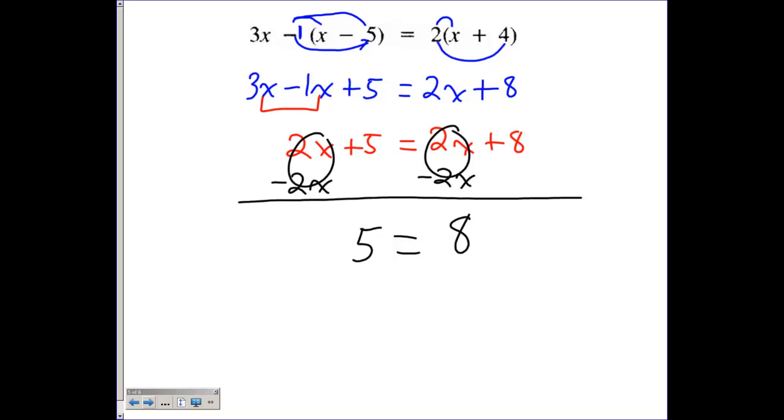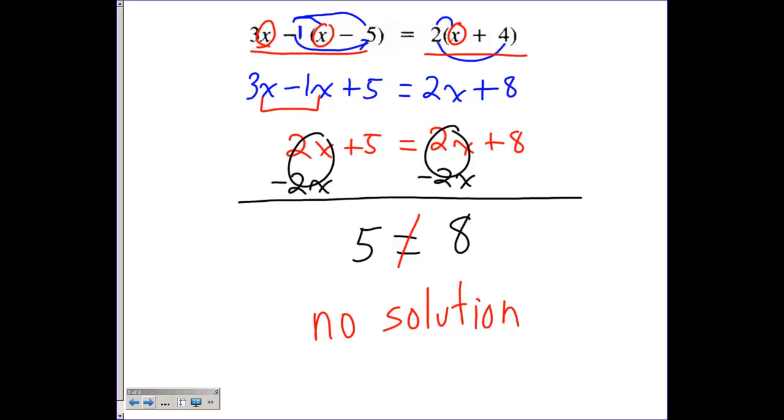So in this case, you'll see that there's no x's left in the problem, and what's left over is actually not true. 5 does not equal 8. Therefore, we would simply say there is no solution, because there's no value of x you can put back up here in the original equation that will make the left-hand side equal the right-hand side. So this equation has no solution.